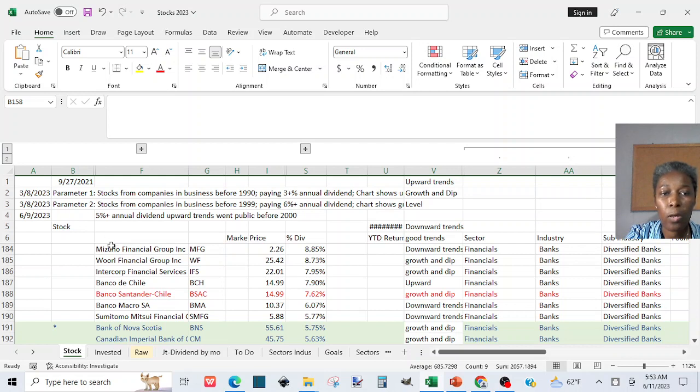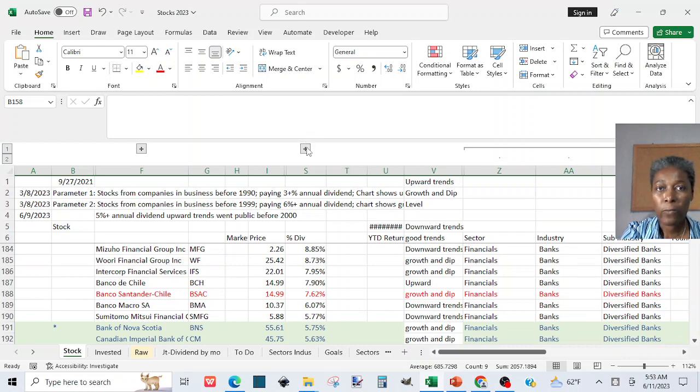You'll have a column for the company's name, a column for the symbol, a column for the market the stock is sold on, a column for the price, a column for the dividend, and by dividend rate, I'm talking about the annual dividend. If you want the dollar amount, dividend-wise, you can have a column for it as well.